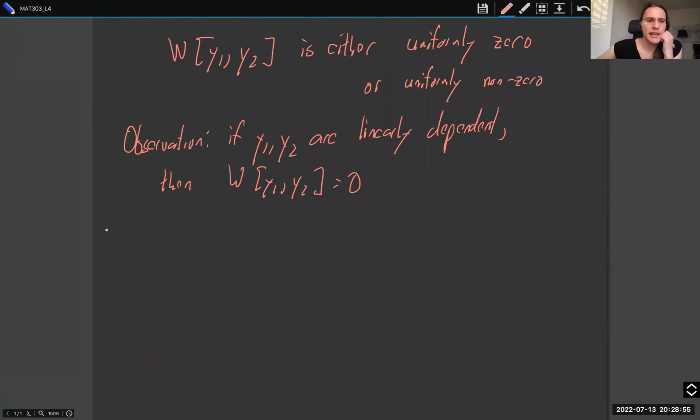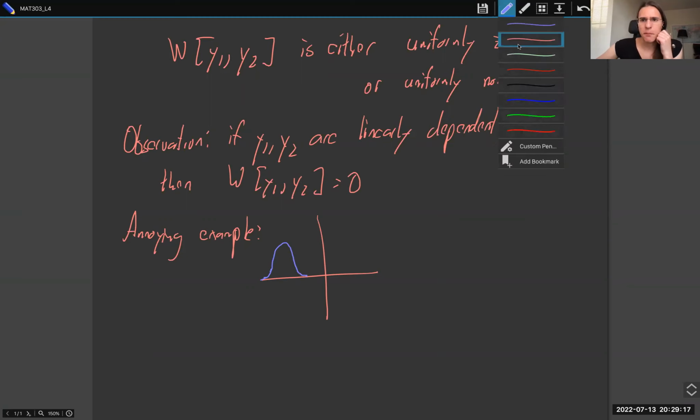Now, here's sort of an annoying example. Suppose that y1 looks like this. So y1 is 0 everywhere except for the fact that it's not 0 here. And suppose that y2 looks like this.